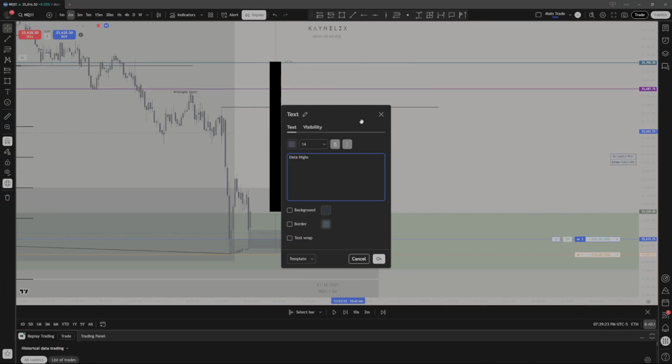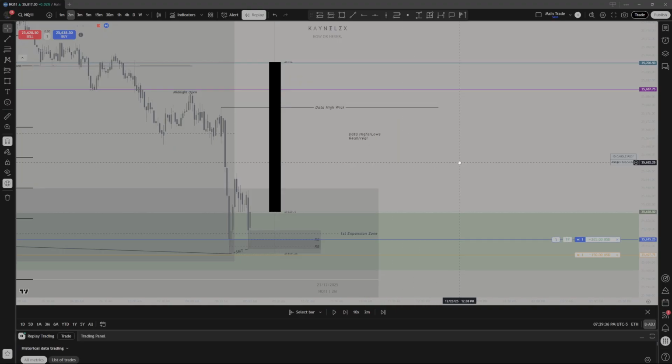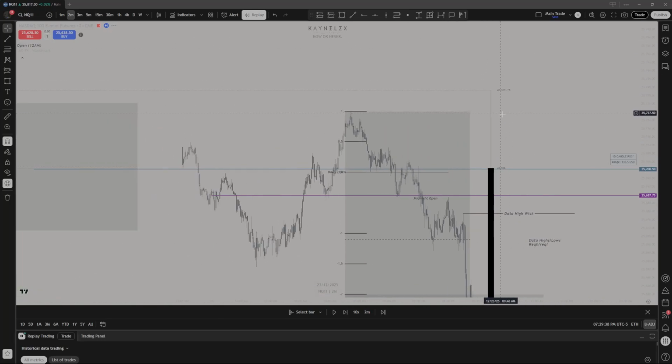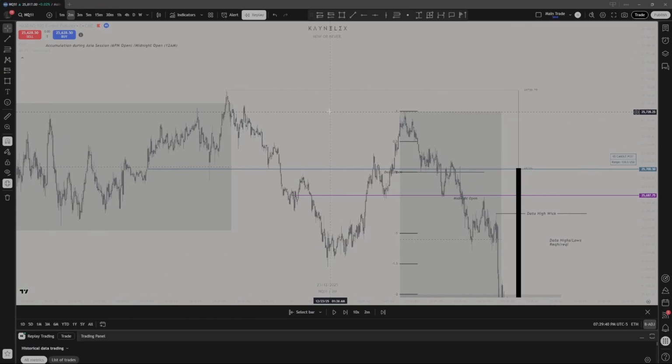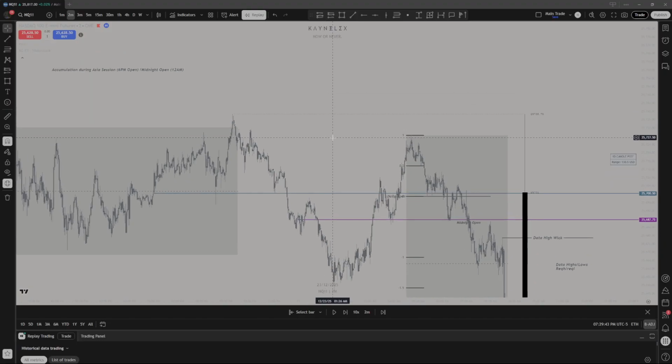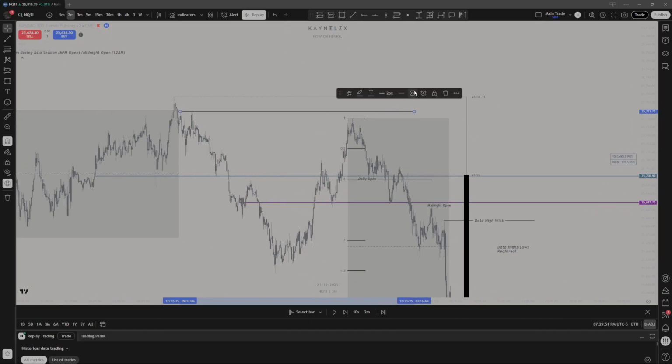And then it would also be relative equal highs and relative equal lows. As you can see, we had relative equal highs right here around where London high was. So you would mark this out too.